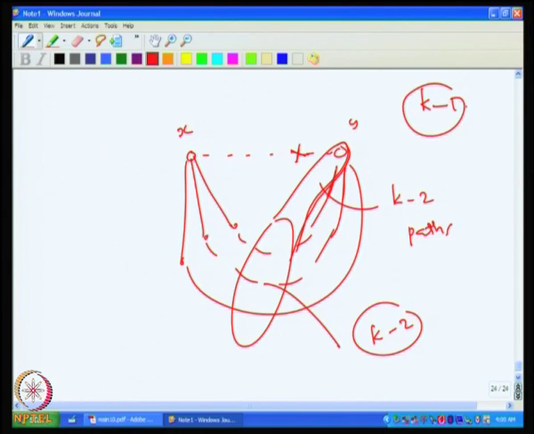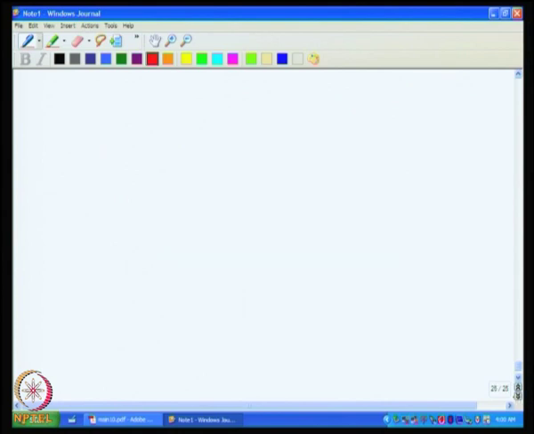So this is why we end up with a k minus 1 separator if there are no k disjoint paths between any two vertices.